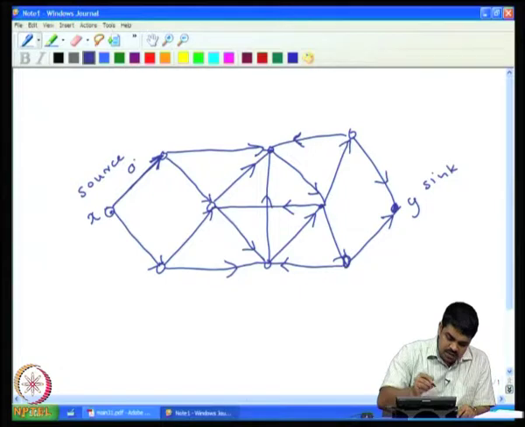Here it is. So, I am using this red color for capacities: 9 and 4.